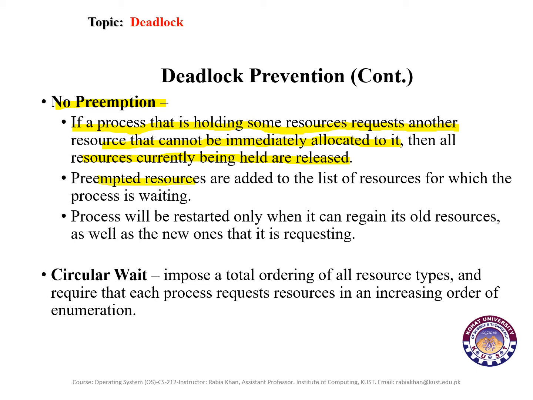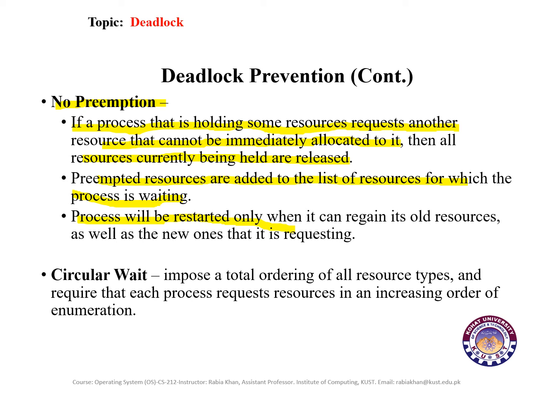The preempted resources are then added to the list of resources for which other processes are waiting. So that particular process which has released all its resources will have to be restarted and will request all its resources again in order to complete its execution.